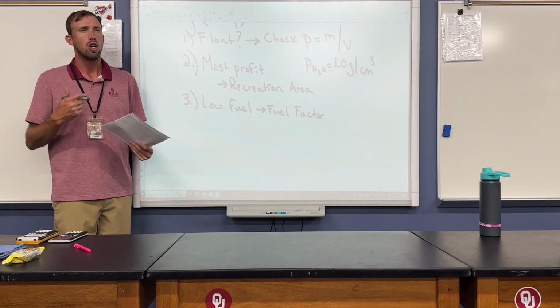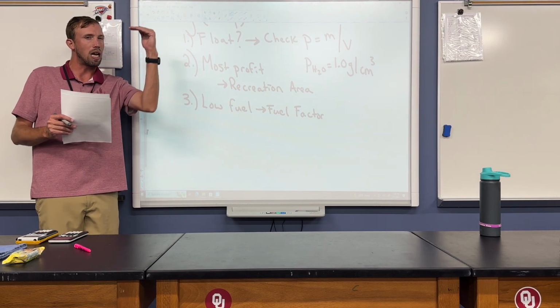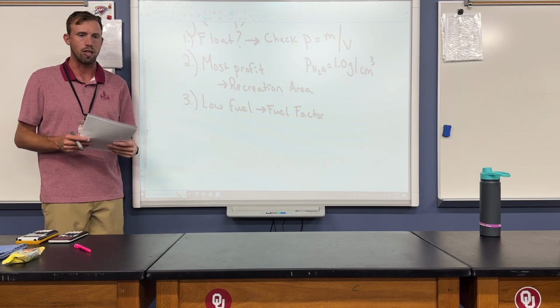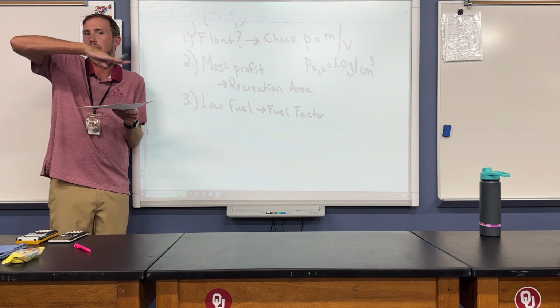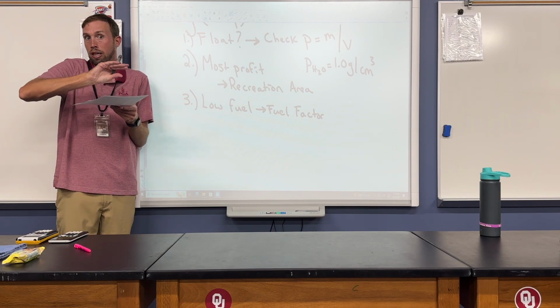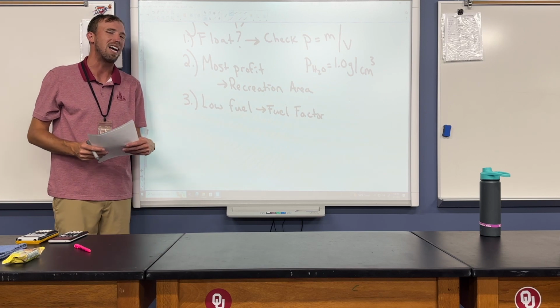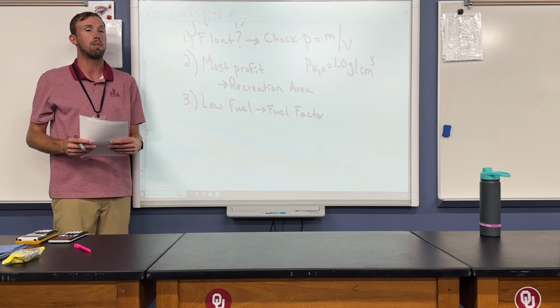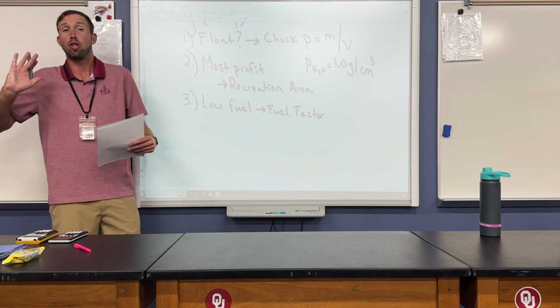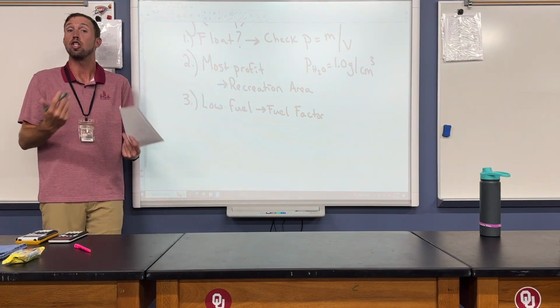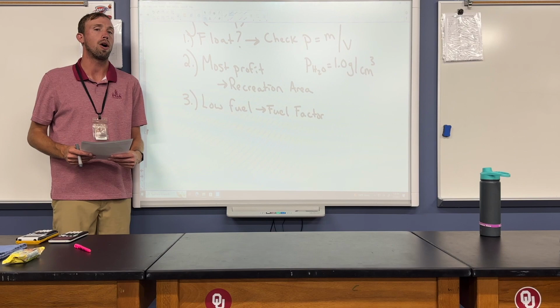But beyond that, do we want the density to be right up close to 1? Would that be a good thing or a bad thing? Well, as you might imagine, if we have the ship mostly submerged in water and there's just a little bit above, we're still under the threshold of 1, which is good, but a lot of that ship is going to be submerged, which means we're going to have to be pushing a lot of the ship through the water. There's going to be a lot more resistance and drag coming from the water.